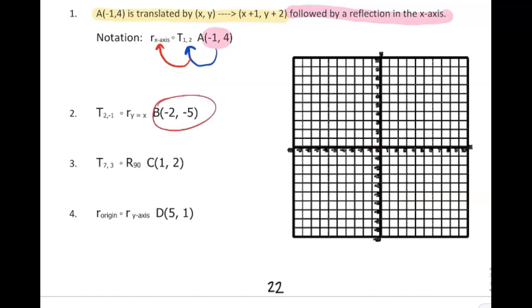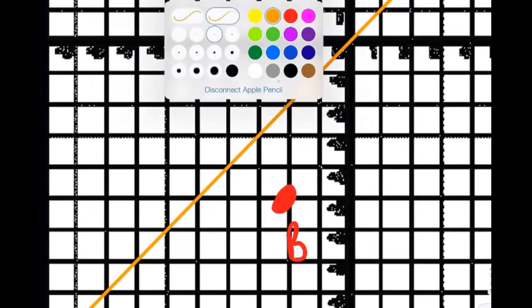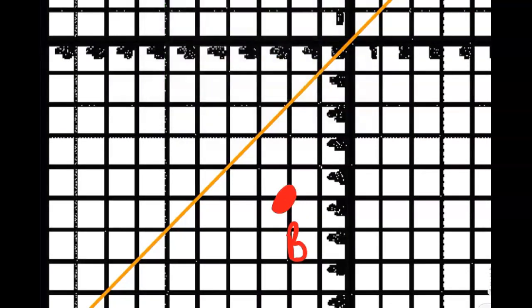Okay? I'll erase it just so it's cleaner on my paper. I'm going to take the point -2, -5. That's point B, regular b. Then I'm going to reflect it in the line y equals x. Remember this one? Y equals x is a diagonal line right through the origin. And I go 1.5 diagonals. Half, 1.